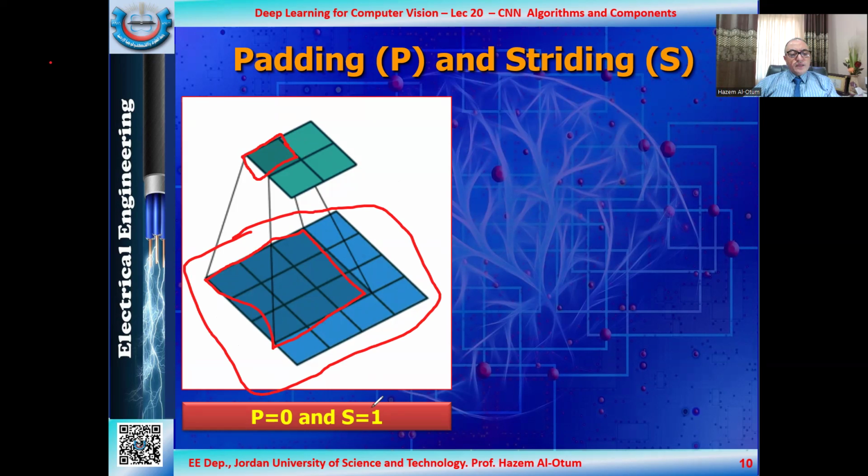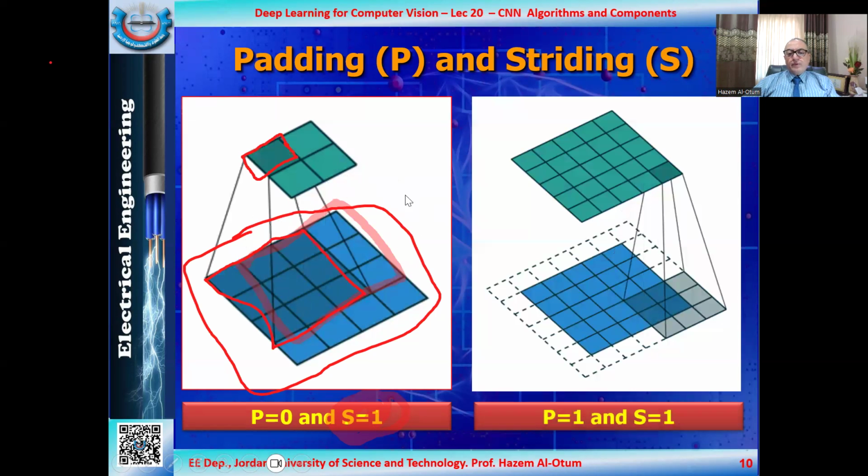The stride will be clear if we pass to the next step. We moved by 1 pixel to the right because we have a stride of 1, and we repeat this process until we get to the end of the matrix or the image layer at this location.